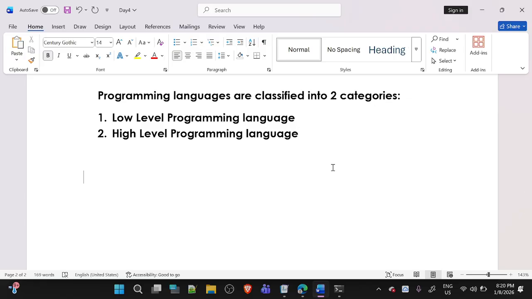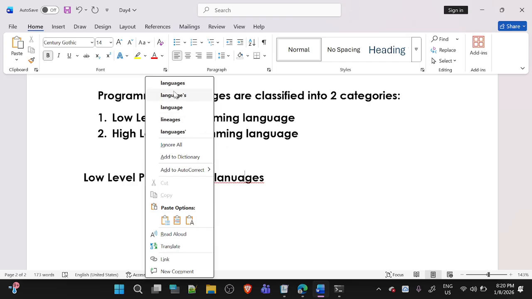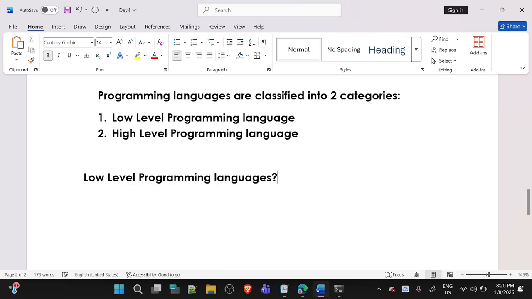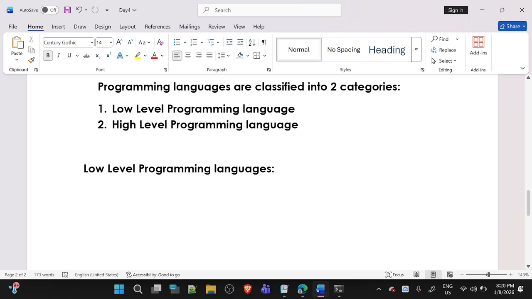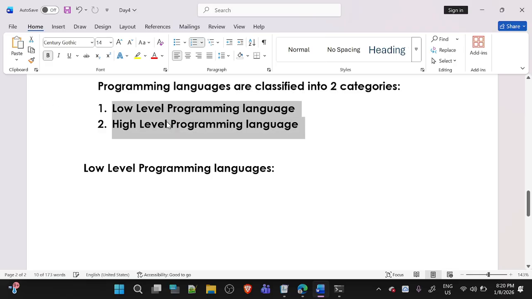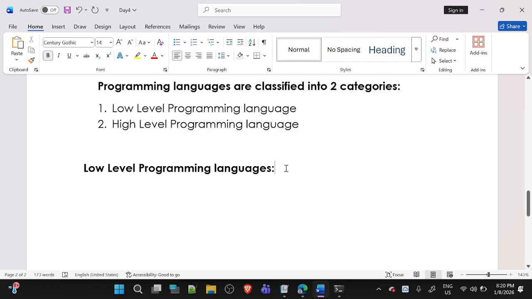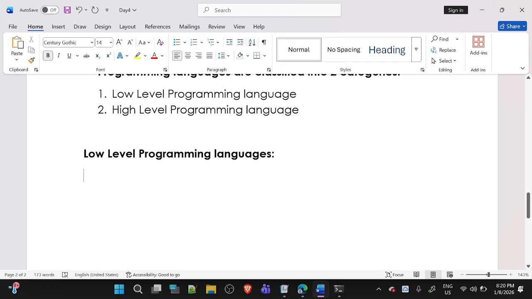Now the question is, what is low level programming languages, guys? Assembly language, binary language. Yes. So first of all, we have to say the low level programming language is directly understood by the computer because it's close to the computer.